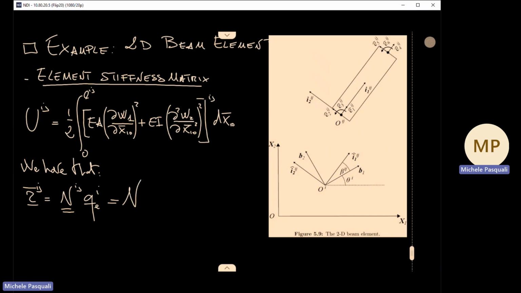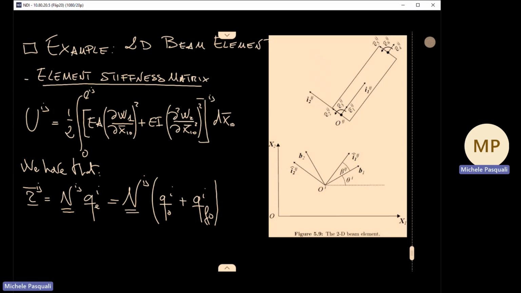This could also be partitioned into a reference part, y, plus a deformation-induced part. Okay, this is something that we have already seen.